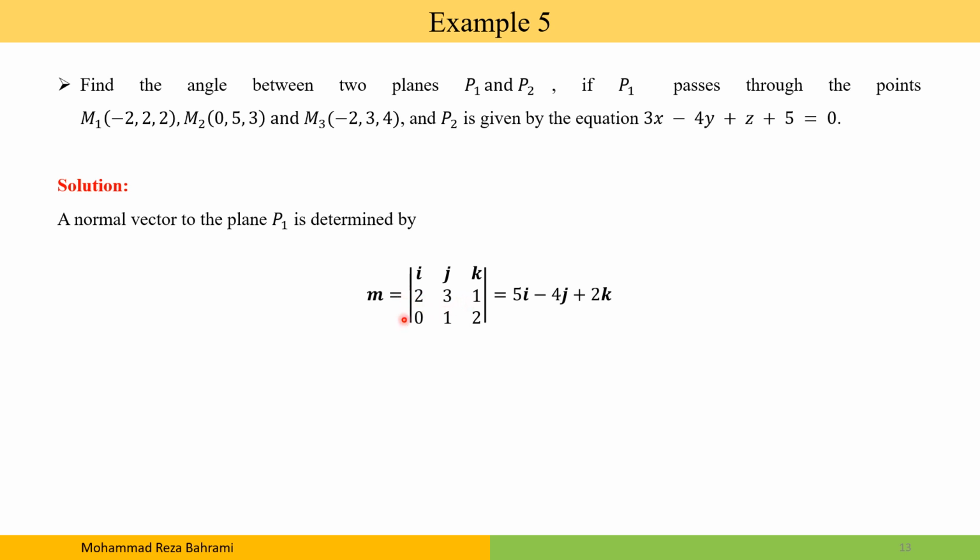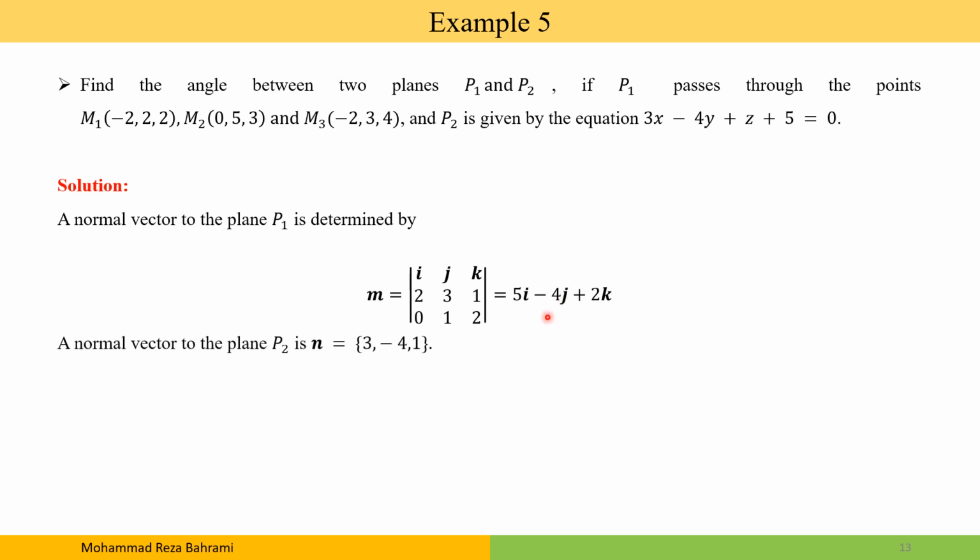How can we find the entries? The first is 0 minus 2, the second is 5 minus 2, and the third is 3 minus 2. And for the last row we have x3 minus x1, which is 3 minus 2, and the next is 4 minus 2. So from here we have a normal vector to the plane P1.